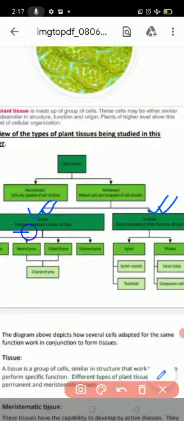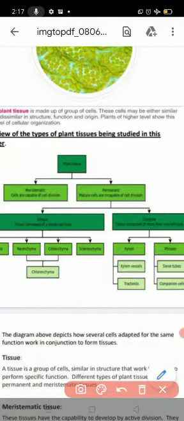Simple tissue is composed of a single cell type, but complex tissue is made of more than one type of cell. That is the difference between simple tissue and complex tissue.